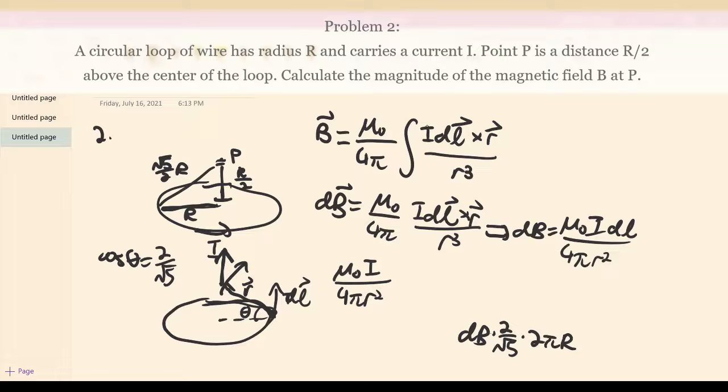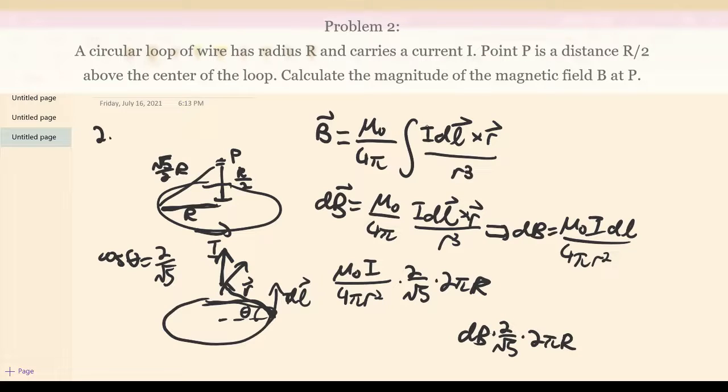So it's mu0 I over 4 pi r squared times 2 over square root 5 times 2 pi r.